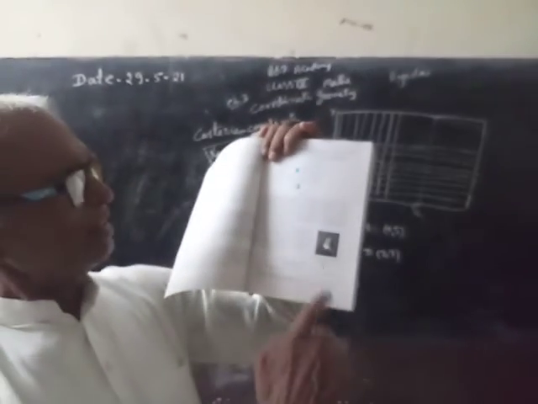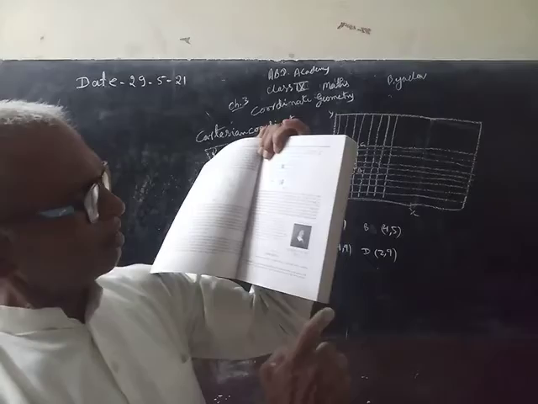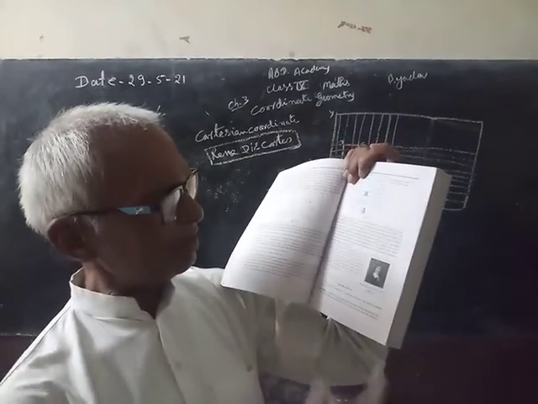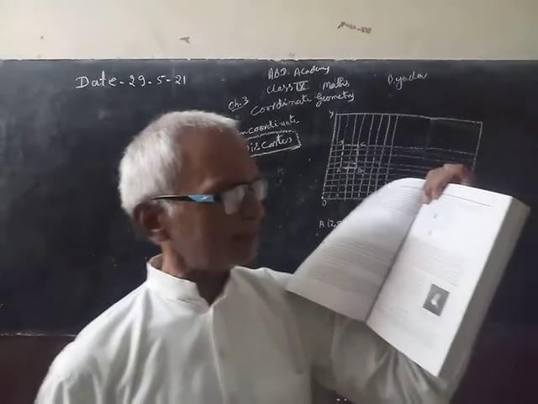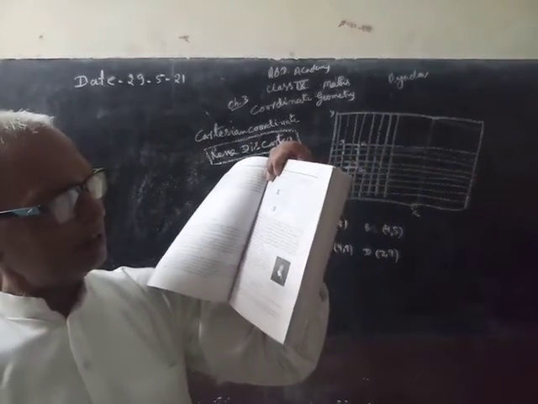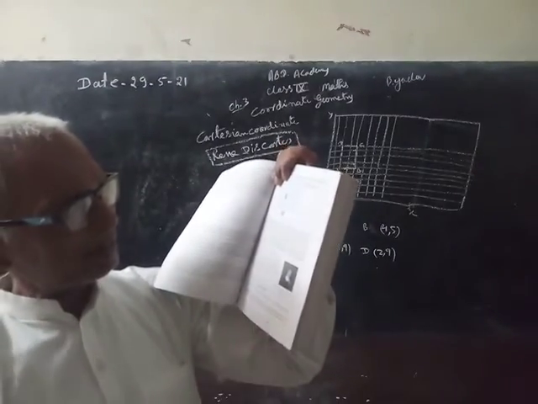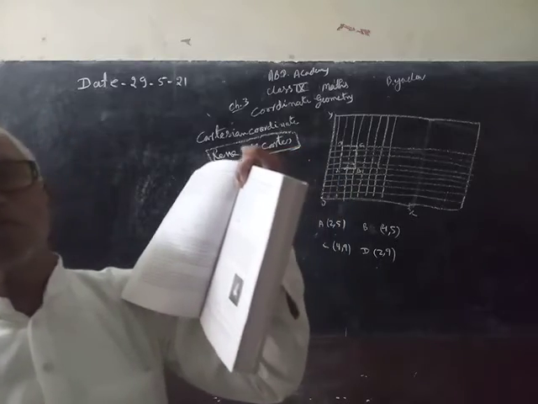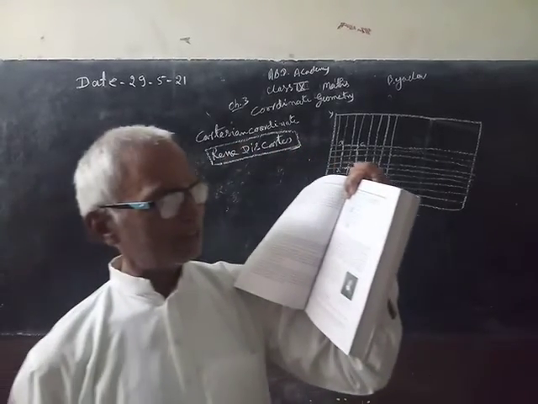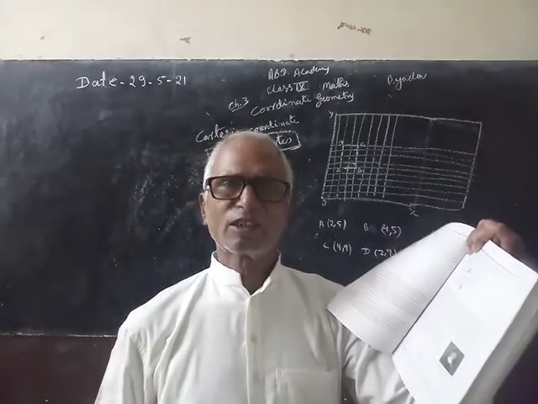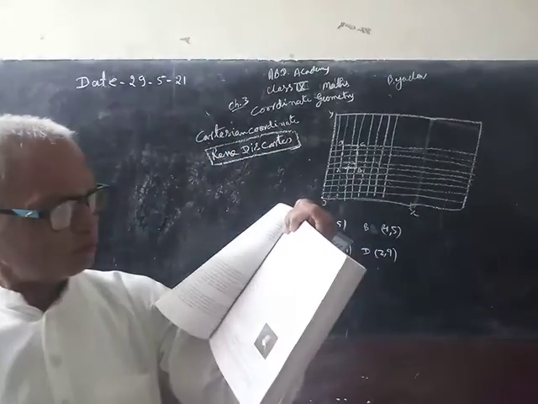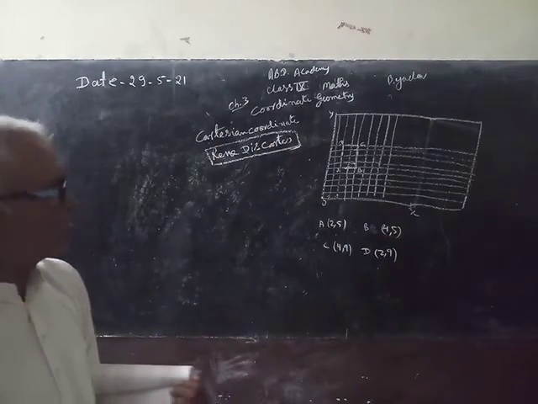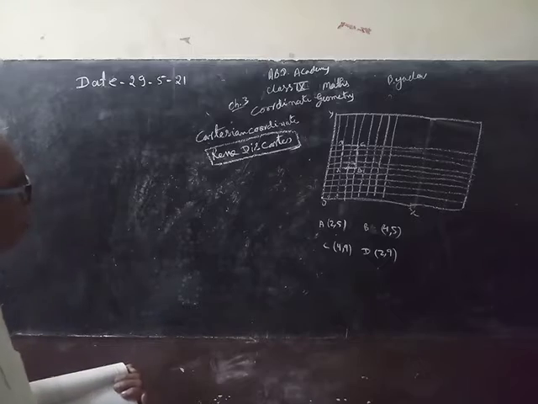See here, René Descartes is written here, 1596 to 1650. He was born in 1596 and died in 1650. So this is known as the Cartesian system, students.